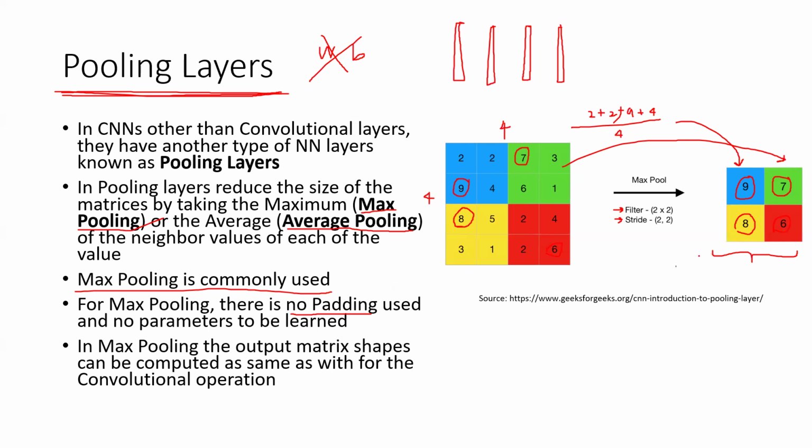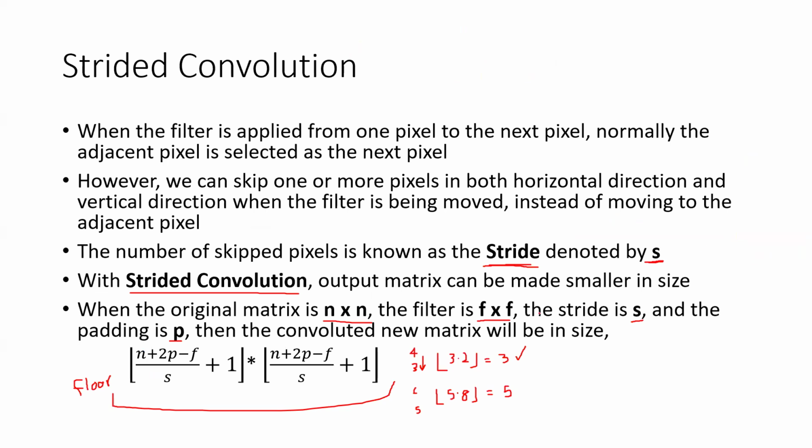Here we are not using any padding because the idea of max pooling is to reduce the dimensionality. The final matrix values can be computed the same way as the strided convolutional operator's resultant values.